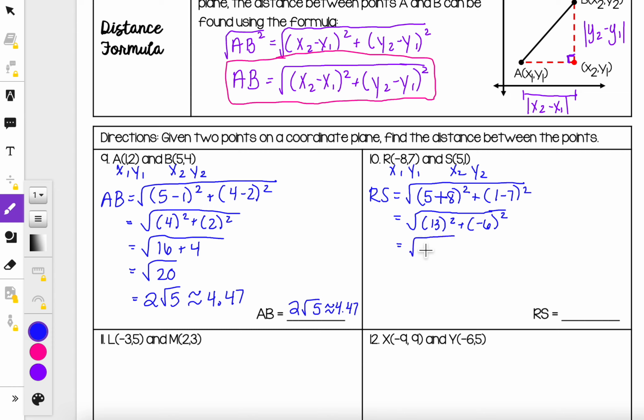So 13 squared is going to be 169. If you are plugging -6 squared into your calculator, please make sure that you have parentheses around the -6, otherwise your calculator is going to give you the wrong answer. So this should be a plus 36. And we're going to have the square root of 205. That can't be simplified. So the square root of 205, or if we're using decimals, it's going to be about 14.32.